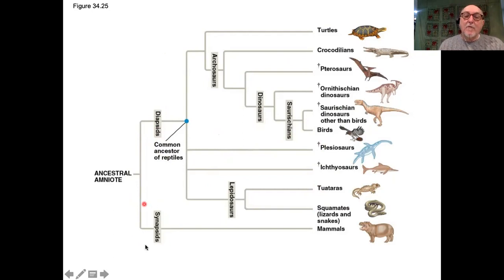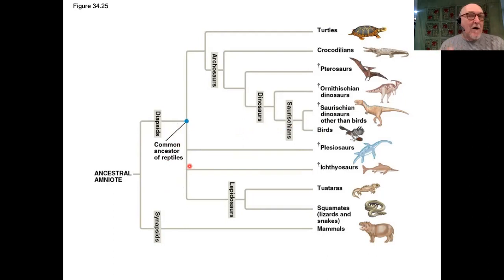But this other group here are called the synapsids. And they were, in fact, a very big, very dominant group long before anything like the dinosaurs arose. They were a dominant group, and the true reptiles, the diapsids, were relatively obscure.